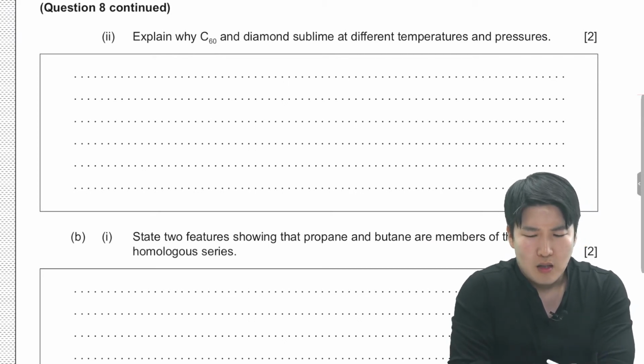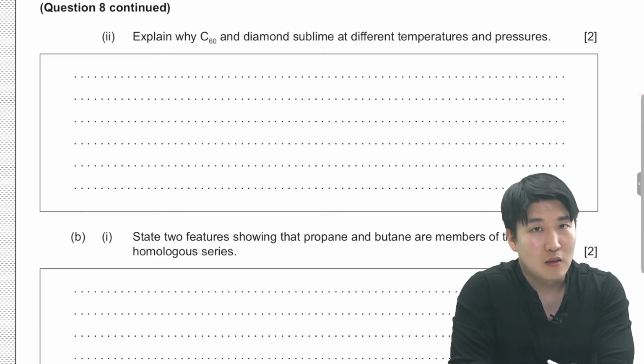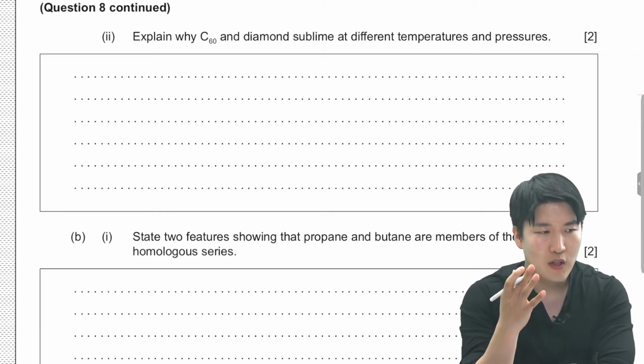Diamond sublimes at a higher temperature definitely than C60. Why? Because it's a giant covalent macromolecule.